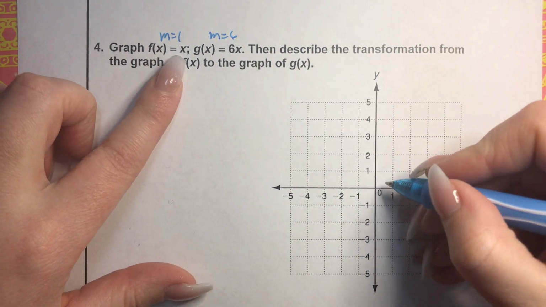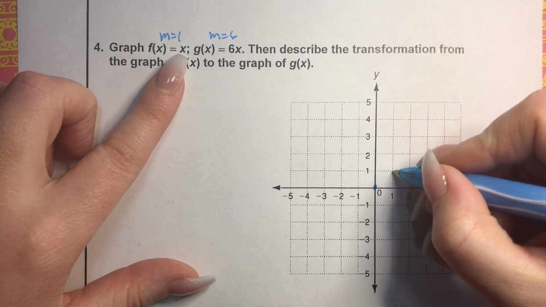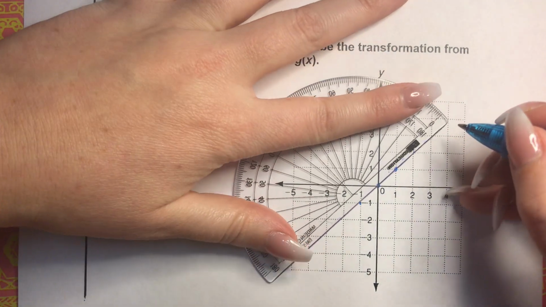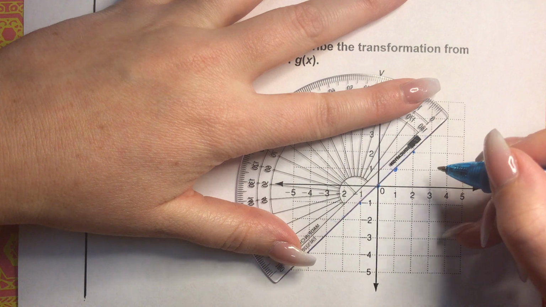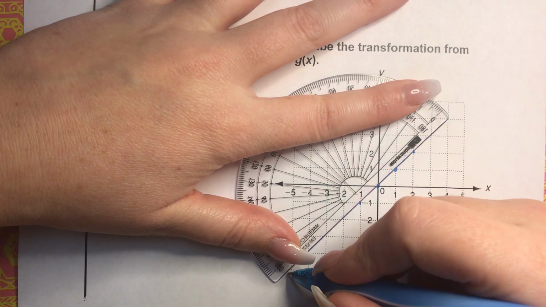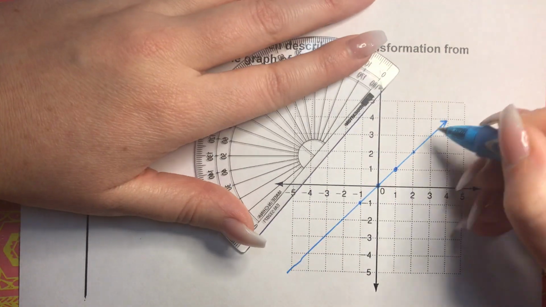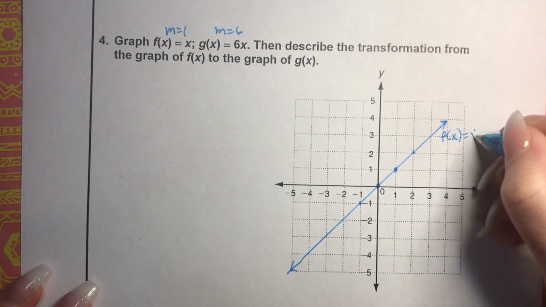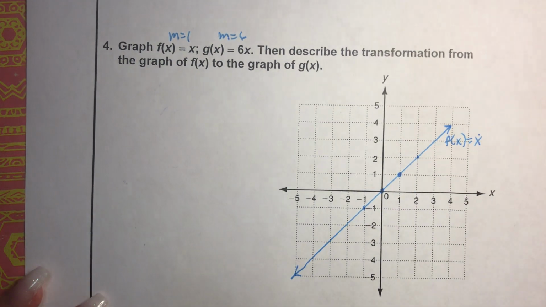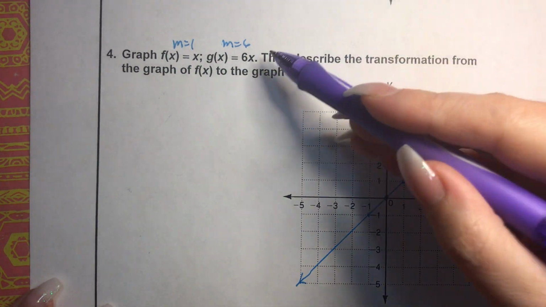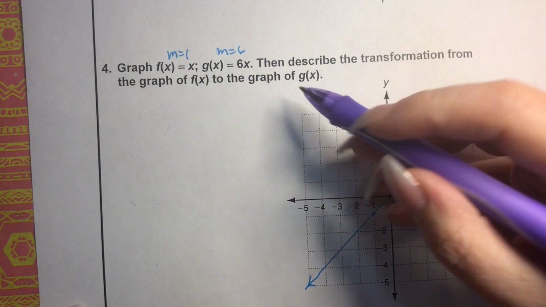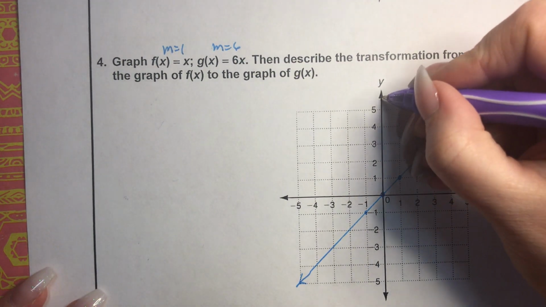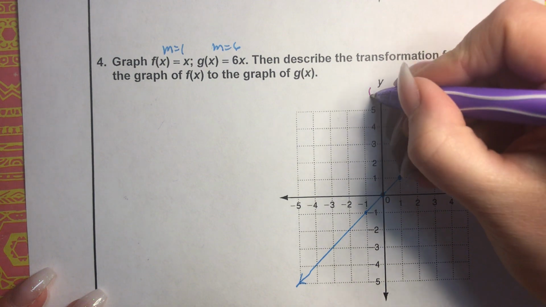So our parent function, the y-intercept is 0, and then the slope is up 1/1. So you should have something like this, and this is our f of x equals x. And then let's graph g of x. The y-intercept is 0, and then we have the slope is up. Ooh, this graph is not big enough. Okay, so anyways, we'll make that be a 6.